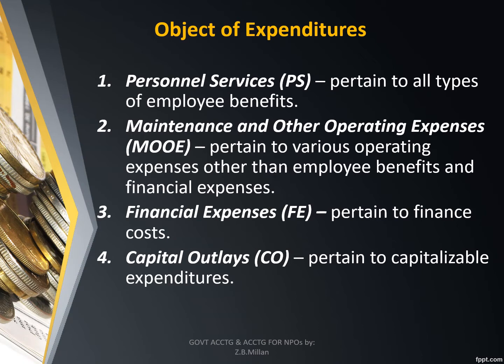Yung maintenance and other operating expenses naman, this pertain to various operating expenses other than employee benefits and financial expenses. Ano ba examples nito? For example, yung expenses incurred from traveling ng mga employees, utilities, pambayad ng mga utilities such as electricity, water, and pambayad ng supply. So this will all fall under maintenance and other operating expenses.